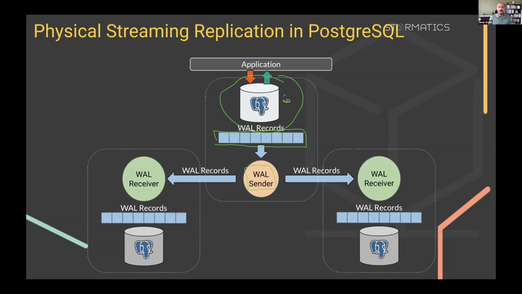This node is the publisher, and these two nodes are the subscribers. The WAL sender sends all of the WAL records to the subscribers, one record going to each, and they are received by a WAL receiver. The WAL receiver replays all of the logs onto disk, and that is how the standbys get the data. This is physical streaming replication, and this is how it works in Postgres.